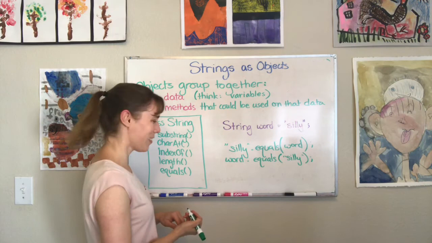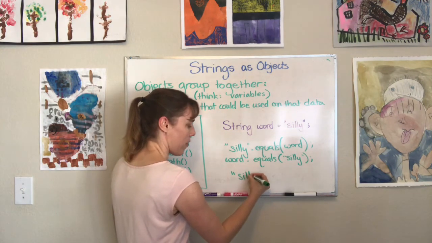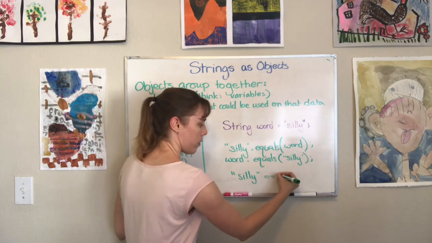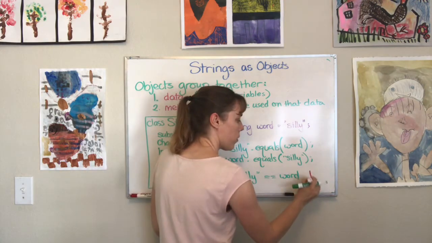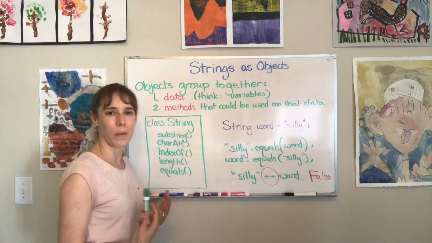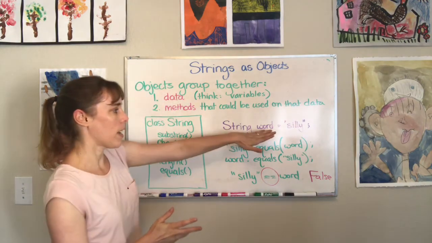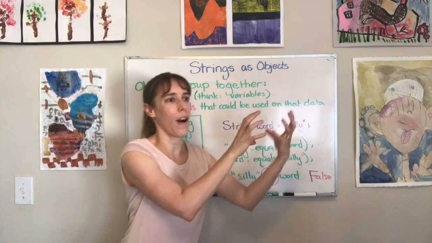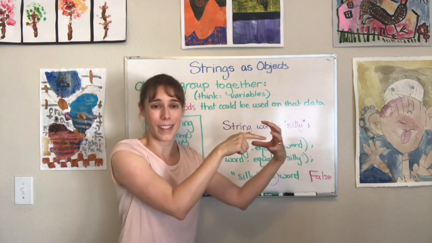I don't know if you remember, because we haven't talked about why this is, but now's a good time. If I do this, silly == word, this actually comes out as false. We have said not to use double equals with objects. And here's what's happening. When you create word, it creates a spot in memory to store the object, and word holds a memory address that points at that.